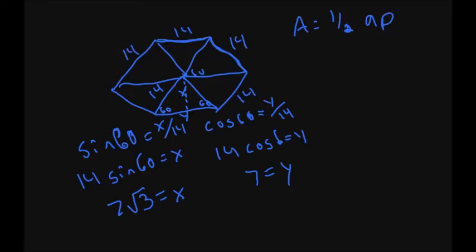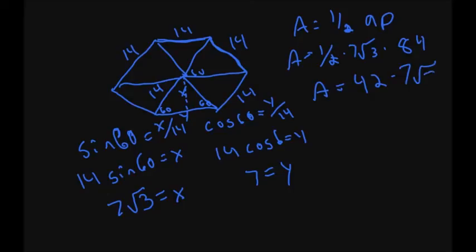So I'm going to do 14 times 6 to get my perimeter of 84. So area equals 1/2 times the 7 square roots of 3 times 84. Half of 84 is 42. So area equals 42 times 7 square roots of 3.